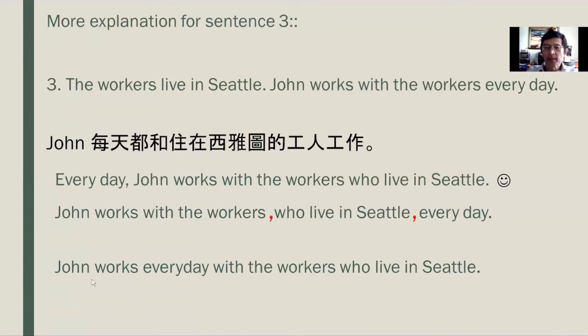But another way to write the same sentence and also be clear, and it took me a while to think about the right answer for this, so it's probably not that easy to think of immediately, is to use this sentence here. John works every day with the workers who live in Seattle. A third way to write this sentence is John works with the workers, comma, who live in Seattle, comma, every day.